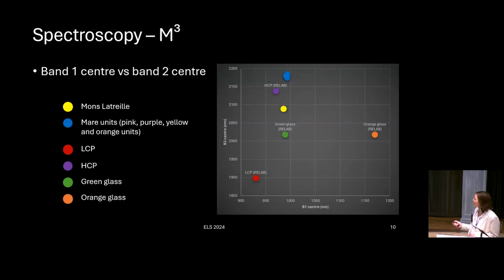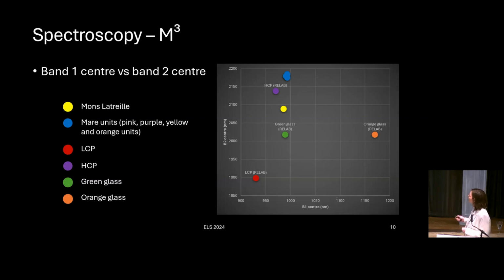If we look at the M-cubed band centers, this graph represents the band 1 versus band 2 centers. Here we have the mare units in blue, and they are all grouped together. Here in yellow is Mons Trail, the volcanic cone. Just for reference, here in red is an LCP, low calcium pyroxene, from RELAB.